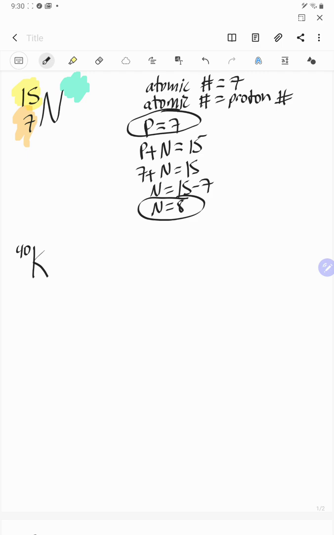And then if you remember this information right here, since there's no charge given, that told us something really important, and that's that the electron number, and we usually abbreviate that as E with a negative sign just because electrons are negatively charged, is the same as the proton number.